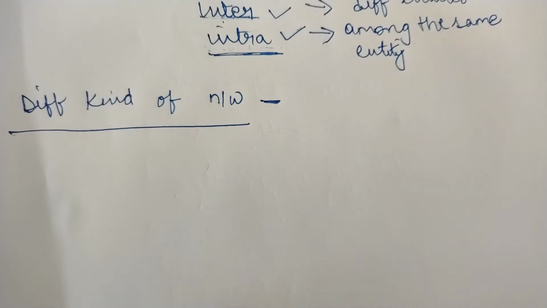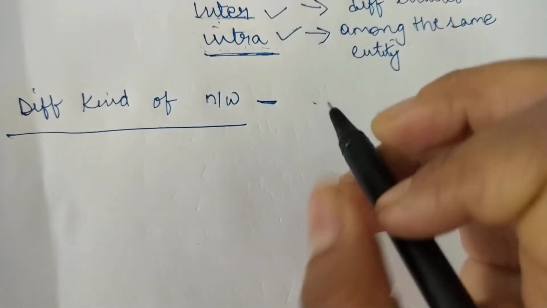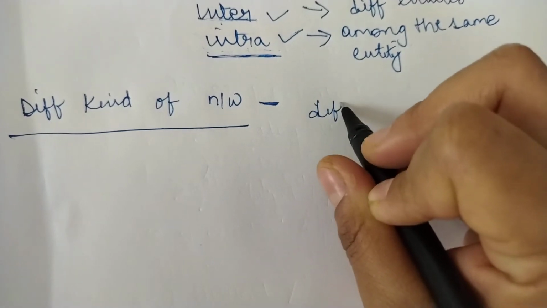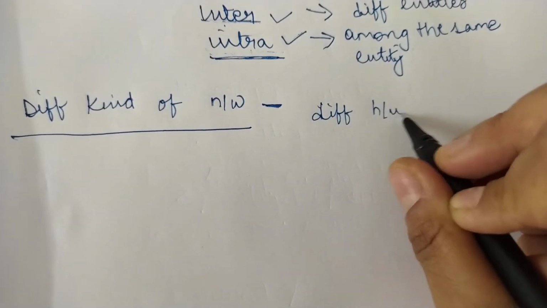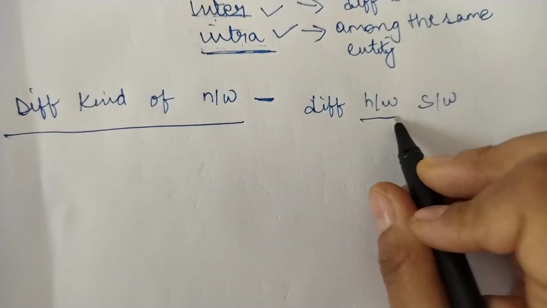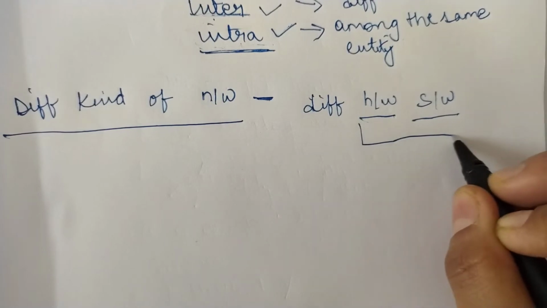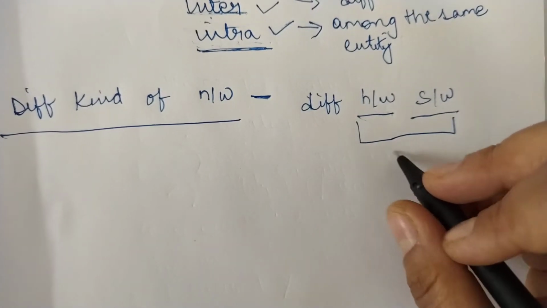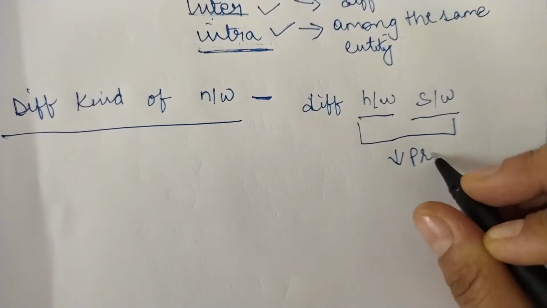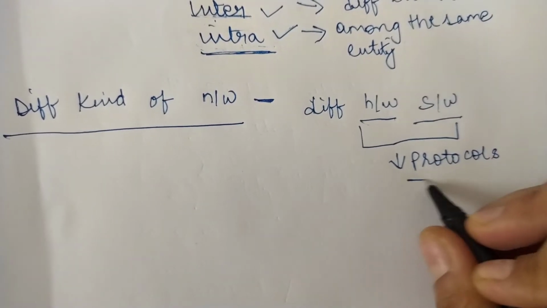By different kind, I mean the networks which use different hardware or different software, different hardware configuration or different software configuration. And since they are using different hardware and software, the protocols that they use are also different, right?